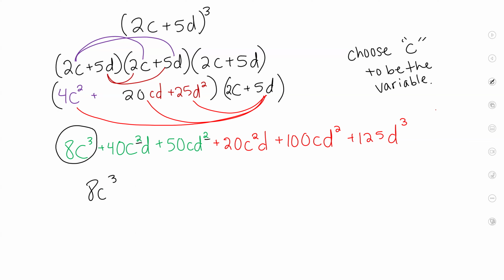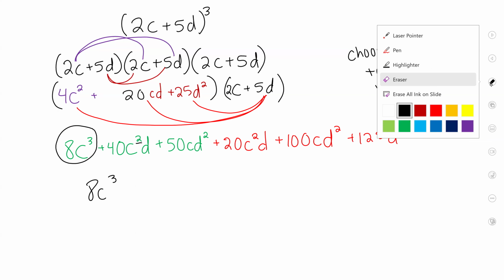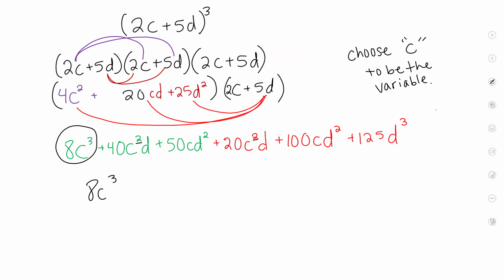Oh, sorry, not that one. This one has a c squared and this one has a c squared. So I'm going to combine this one and this one. Those match. So 20 plus 40, that's 60c squared d. Finally, we're going to do the single c.